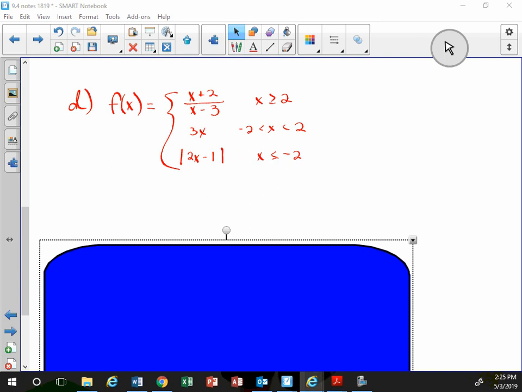No holes. Not a hole. Are you thinking like where there's an asymptote? Yeah. The jump at -2 also includes... Yep.